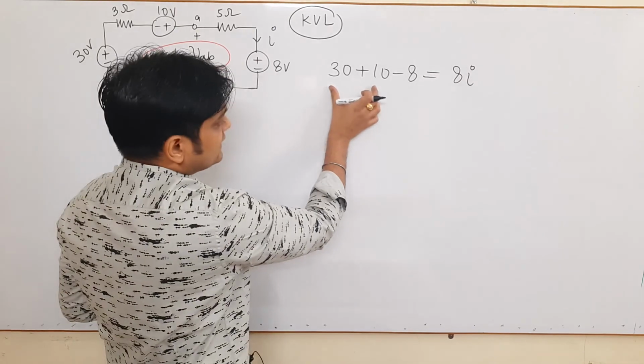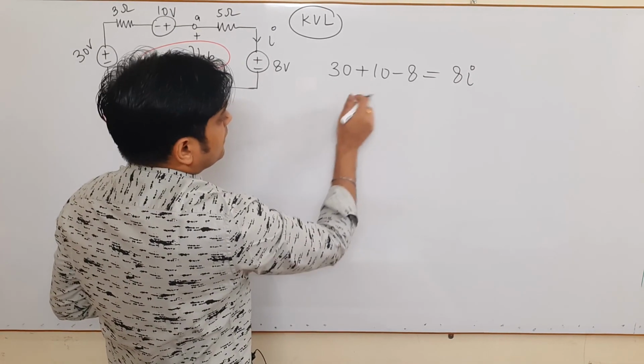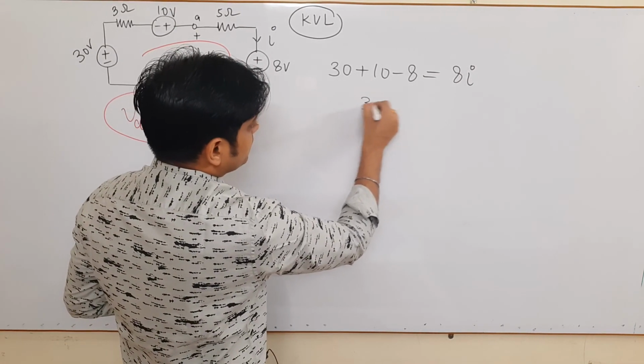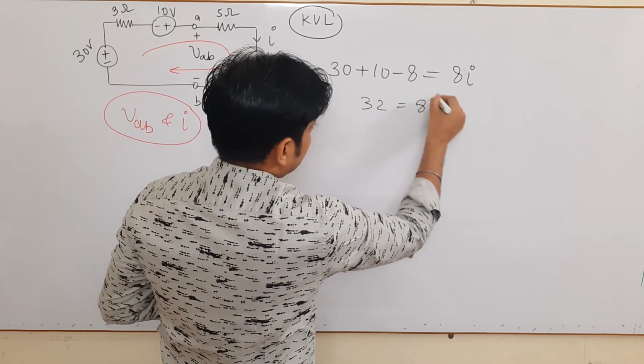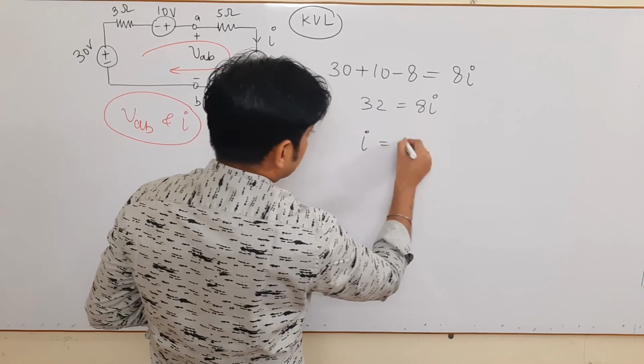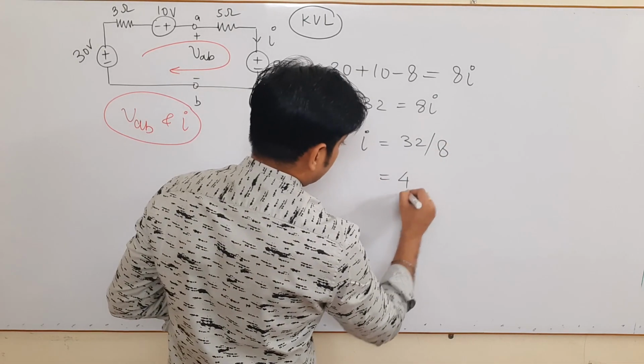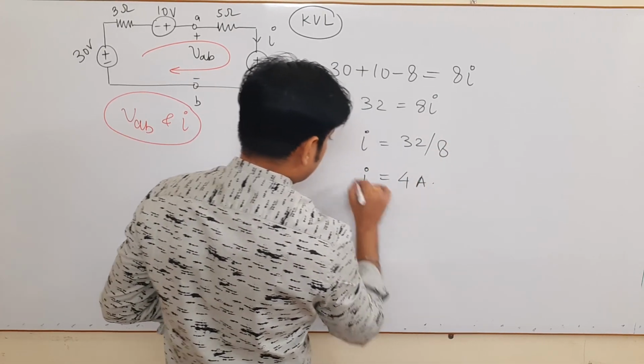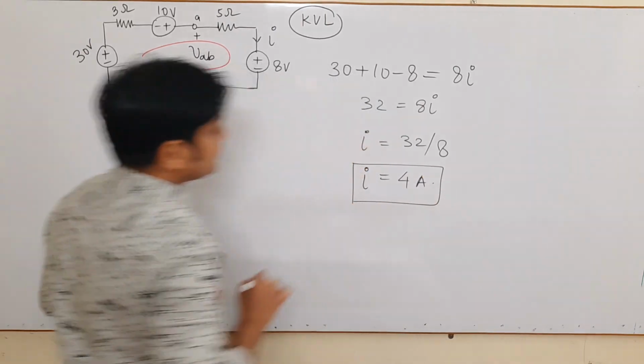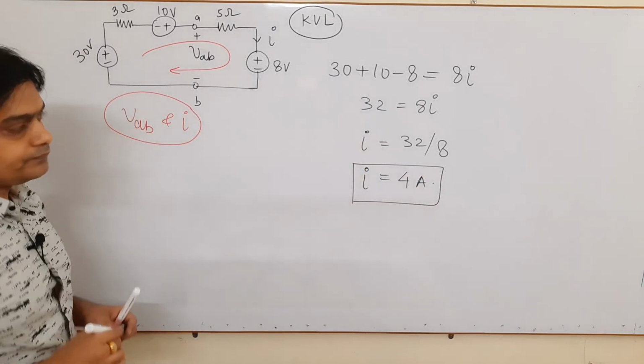So very easily you can find 40 minus 8, that comes to be 32, that is 8I, or I is 32 by 8, that is 4 ampere. The value of I comes to be 4 ampere.